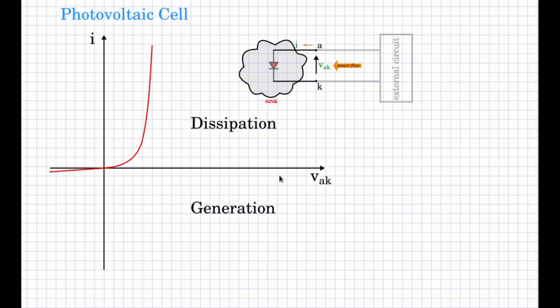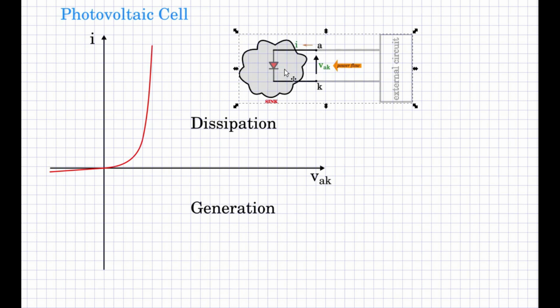Here the voltage is still in the same direction, and only the current has become negative, or the current has reversed direction, in which case the power flow also reverses direction, which means the power is flowing out of the terminals and therefore acting as a generator. So this portion of the IV characteristic is of interest to us because we would like to see how this diode can become a PV cell and also a generator.